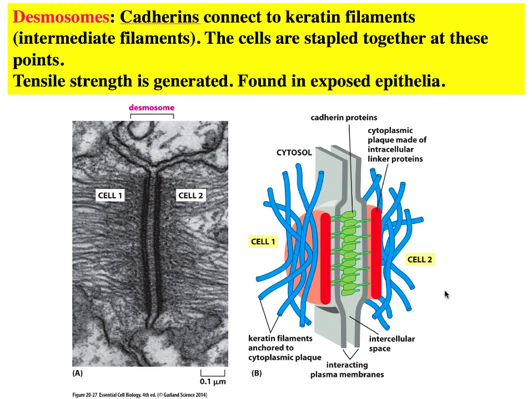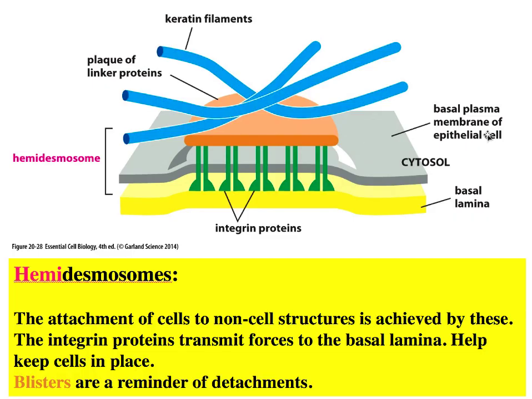One of the most common uses of desmosomes is in exposed epithelia like skin cells, where stretching and tugging are very common. Desmosomes can also connect one cell to the basal lamella, and in that case, the other half of the desmosome is missing. So these are called half desmosomes, or more precisely, hemidesmosomes.